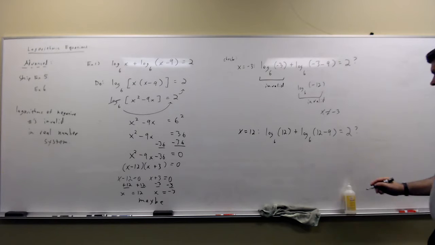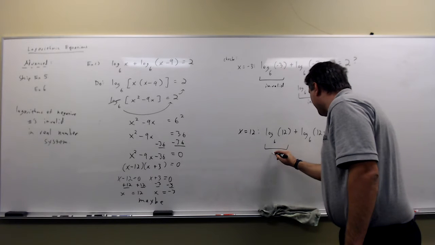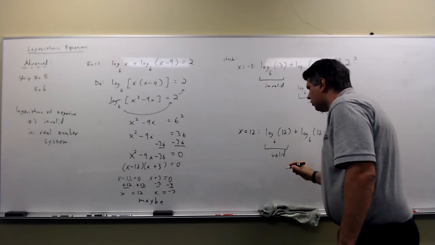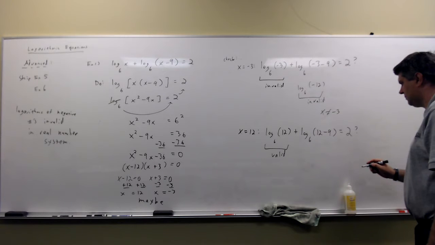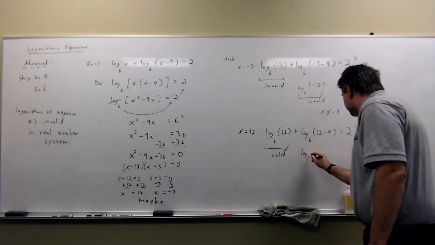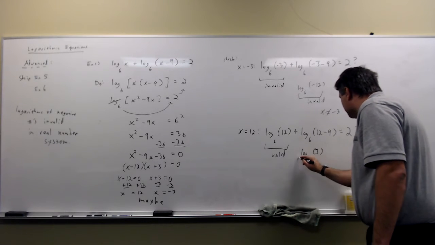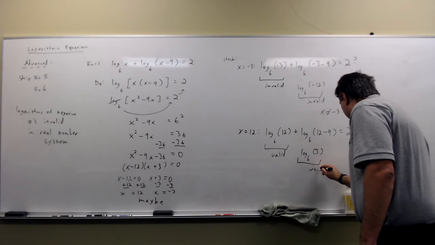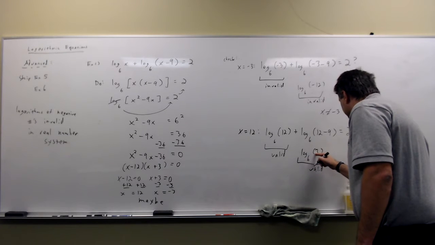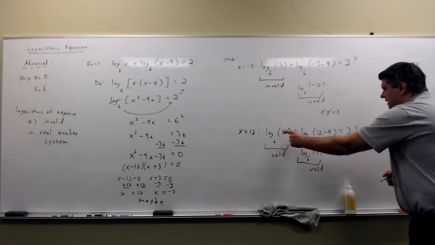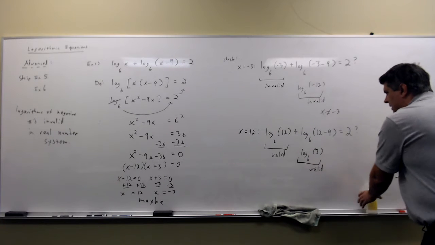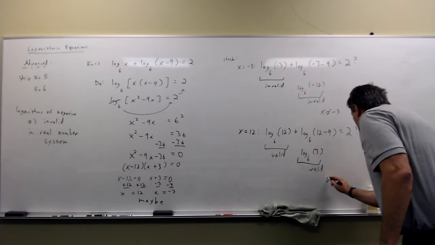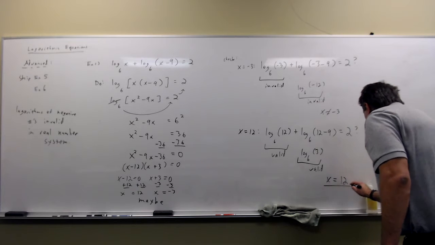Okay? That's valid. It's a logarithm of a positive number. Okay? This is log base 6 of 3. This also is valid in the real number system. Okay? Log of a positive, both of them work. X equals 12 is the only solution.